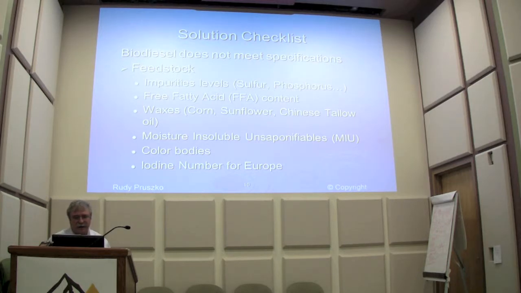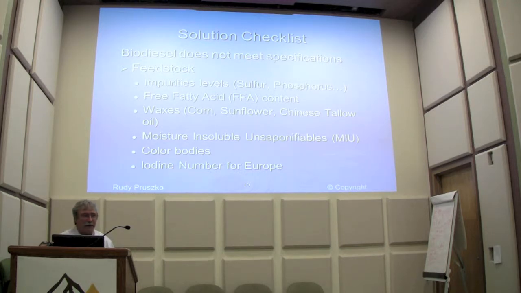Exactly. And I mentioned a couple other oils that you have to be concerned about waxes. If you're using greases and fats, you have to look at the moisture, insolubles, and some unsaponifiables. Those are the things that you need to understand.